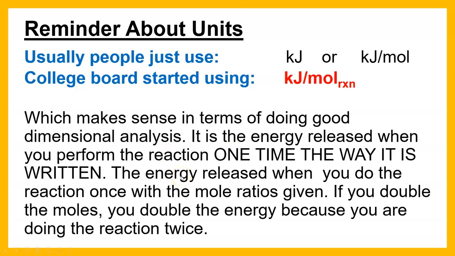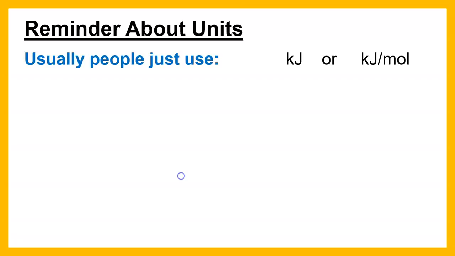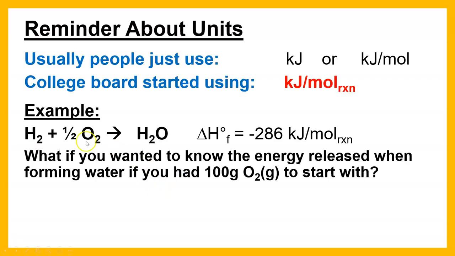So let me try to show you an example here. Let's say we have our formation of water again, and we want to know the energy released if you had 100 grams of oxygen to start with. Now, instantly from Honors Chem, you should know if you have grams, you should get to moles, then you can start doing your actual stoichiometry, right?